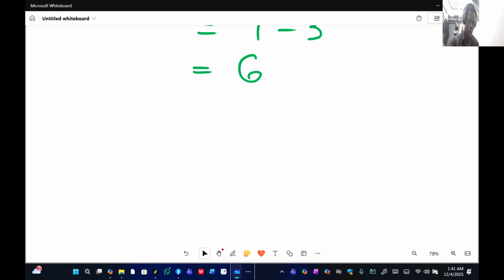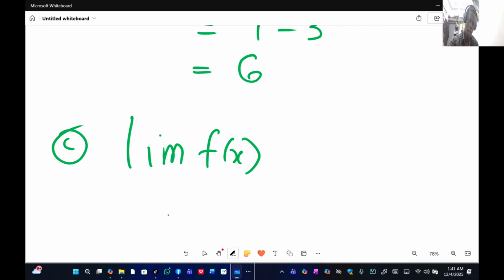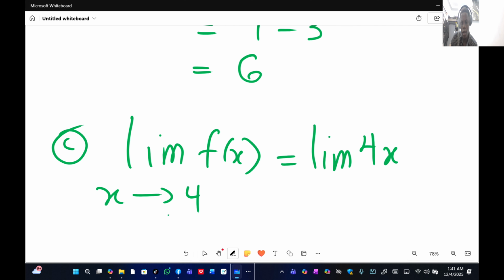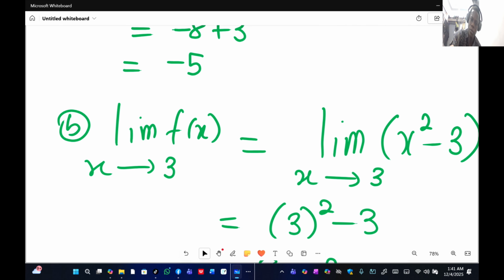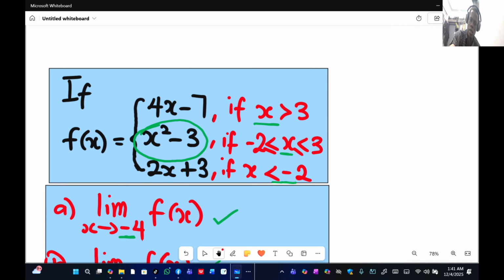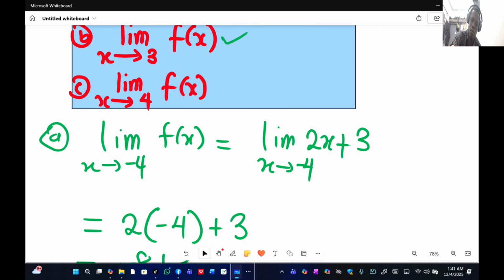So C is the limit of the function f of x as x approaches positive 4. We get the limit of 4x minus 7 as x approaches 4. Let me verify the function: the expression is 4x minus 7.